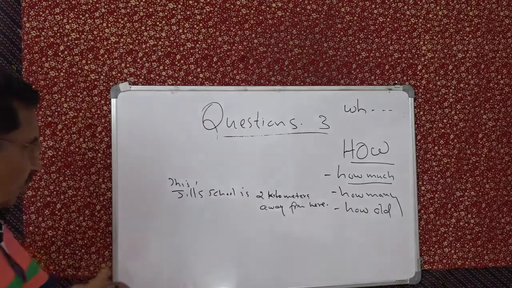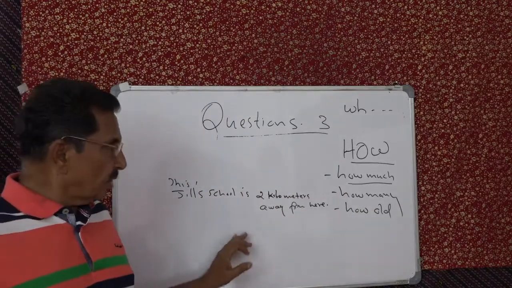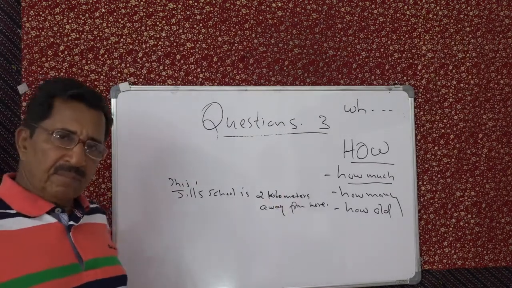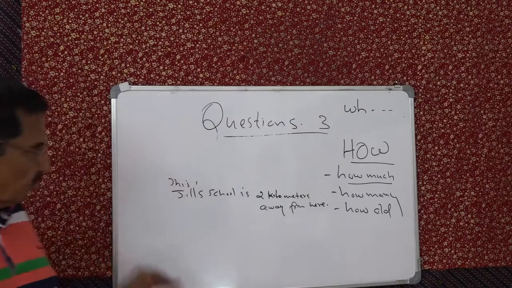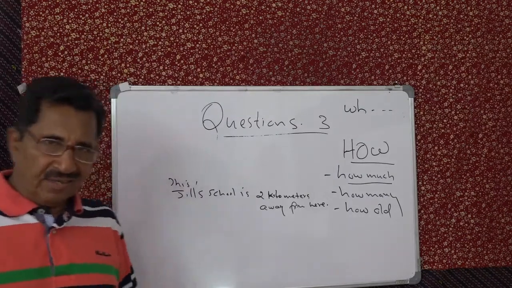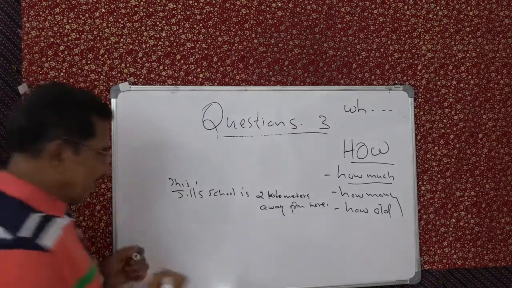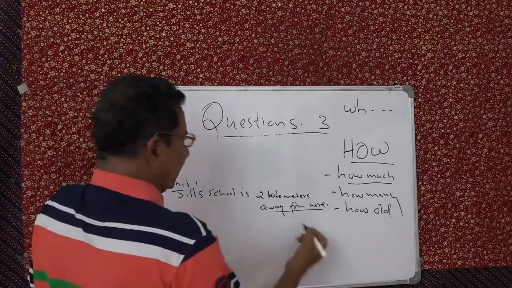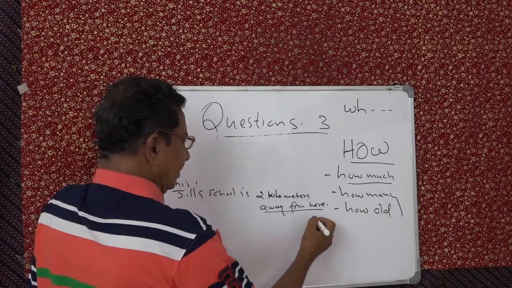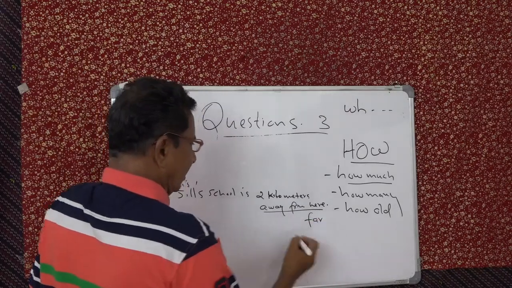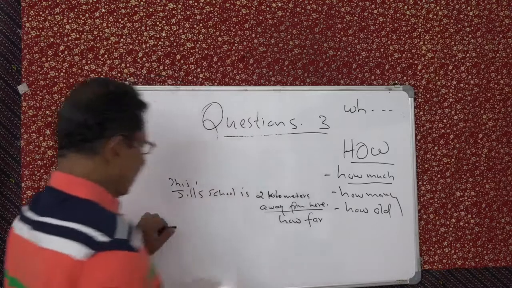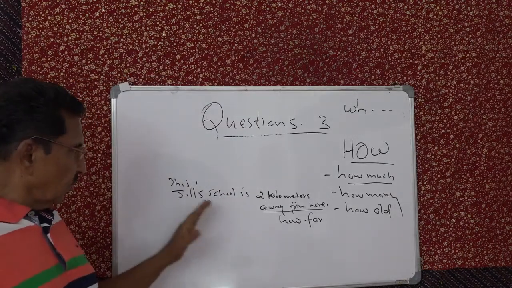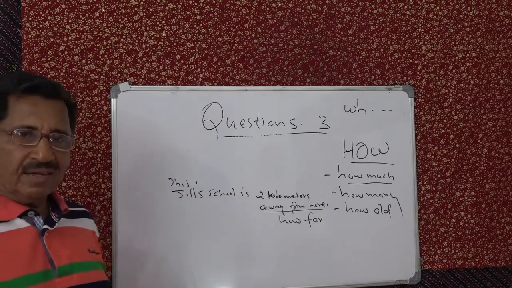Jill's school is 2 kilometers away from here, or 2 kilometers from here. Okay, make it clear: 2 kilometers away from here. So here you want a distance. Then you will say distance, far, and how. You can say how far is Jill's school from here.